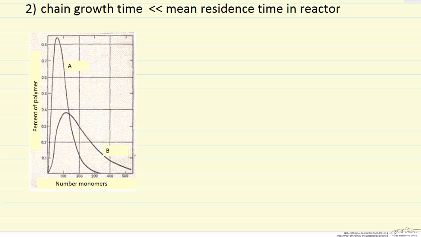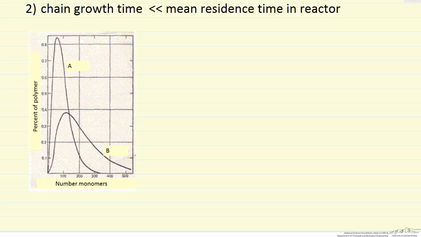So chain growth time small relative to mean residence time. This could be a free radical addition type polymerization where there's a termination. The actual time that the free radical growing polymer chain exists may be in the order of seconds or less. Then we have very short chain growth time. This means rather than the residence time distribution affecting the molecular weight distribution, it's the concentration at which reaction takes place.